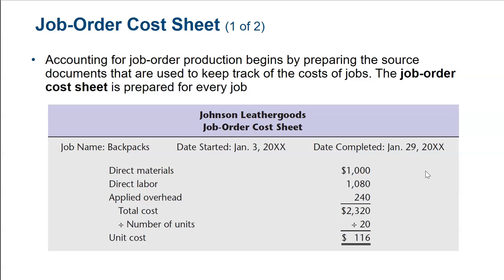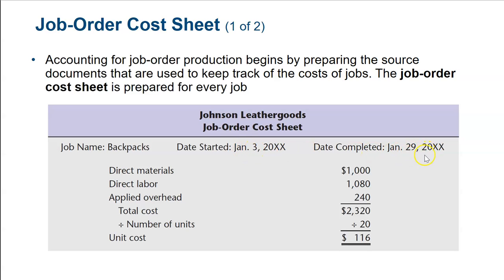Now this is for a specific job. What I gave you was maybe an example of multiple jobs over the course of a month, but here is a specific job, and we're gonna keep this kind of simple. We're gonna say that the job name is simply backpacks, and that this job was started on January the 3rd and completed on January the 29th.